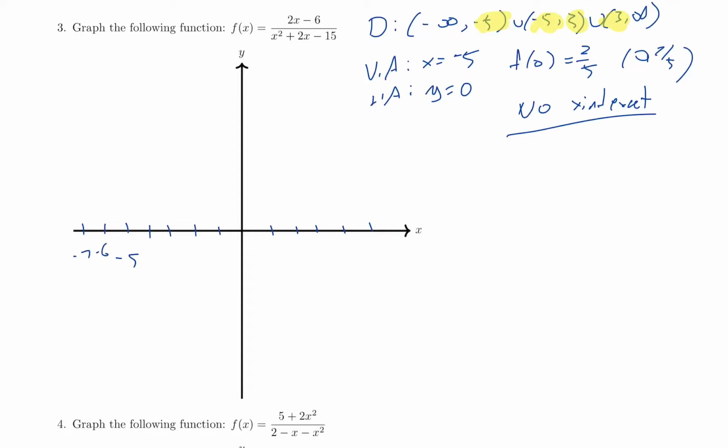At negative 5 and 3, when you do homework, just draw a big open circle to indicate that when the input quantity is negative 5 or 3, we should not have any corresponding output value.